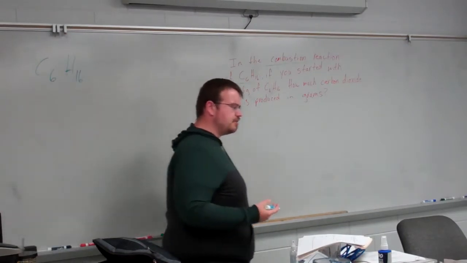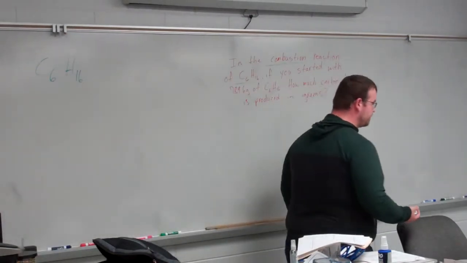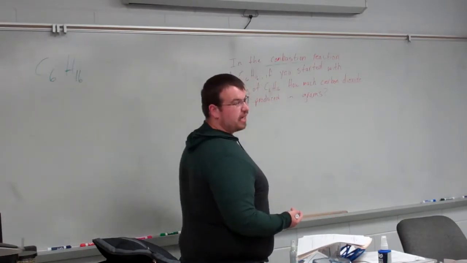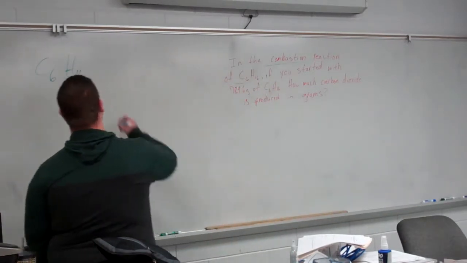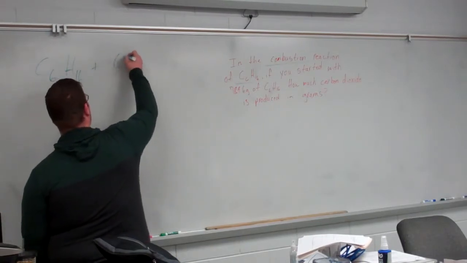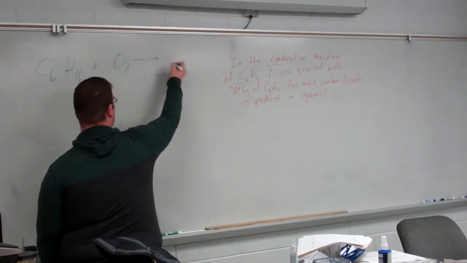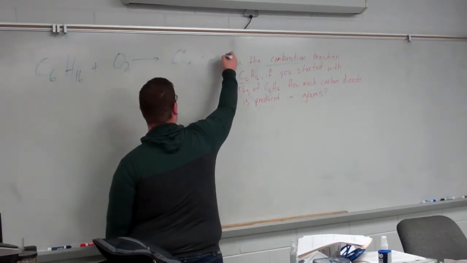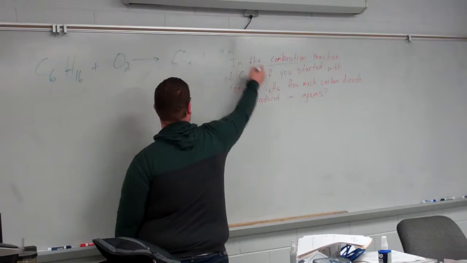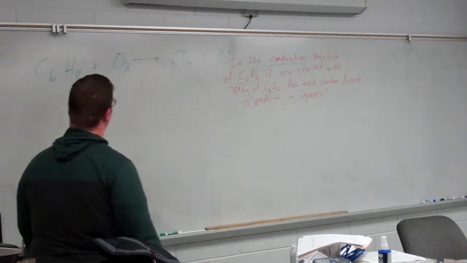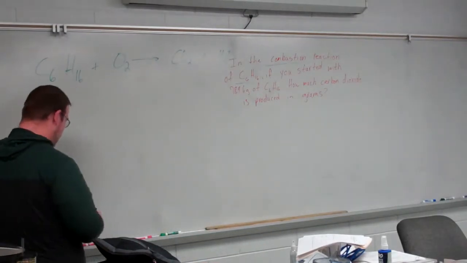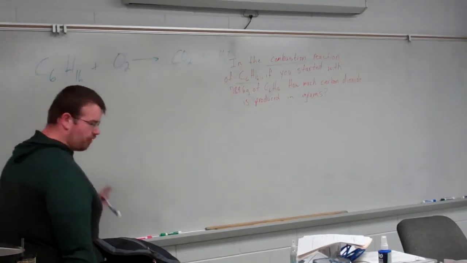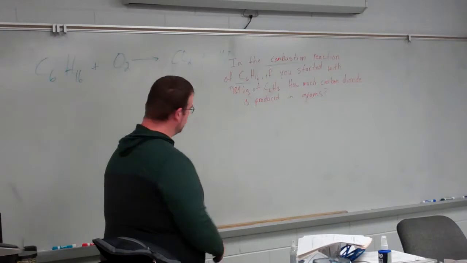In combustion reactions, you have hydrocarbons. Here's your hydrocarbon, and oxygen react to produce carbon dioxide and water. Now we just have to worry about balancing it. You must have a properly balanced formula.